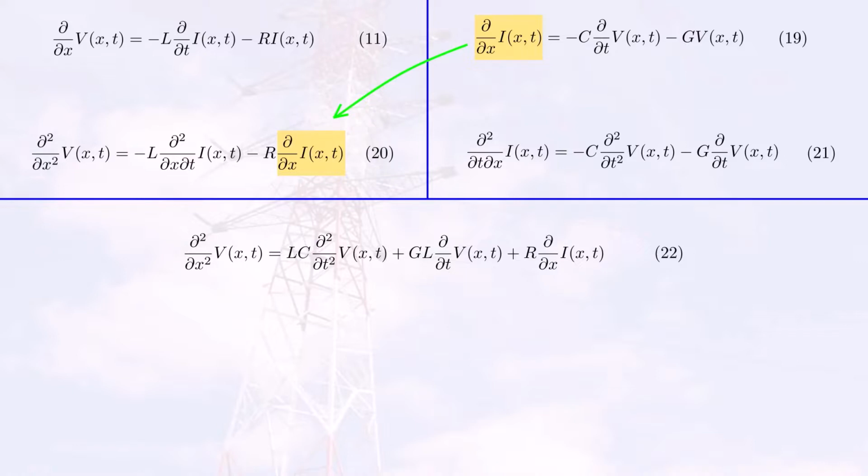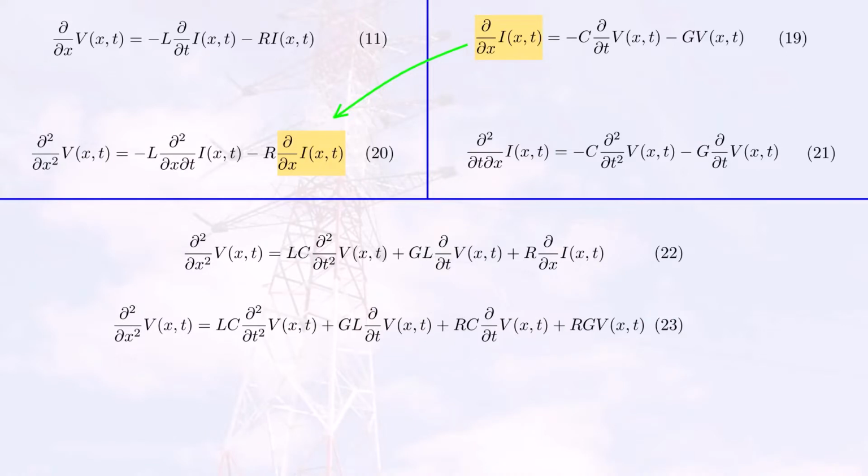This is a less problematic term, and simply substituting without forgetting the R there, the result will be equation 23. And now as you can see, all of equation 22 will be a function of V, the voltage. So now we have gotten rid of the current.